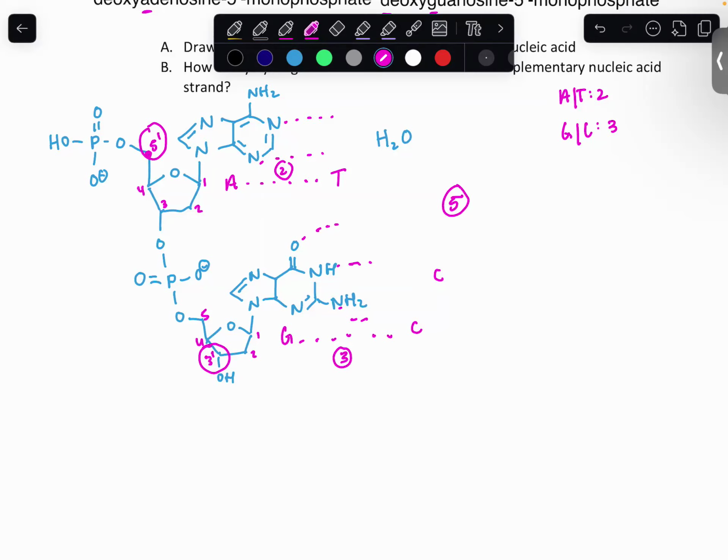Other questions? Would it be helpful if I also drew out T for the hydrogen bonding to A? Okay, yes, no, yes, okay.